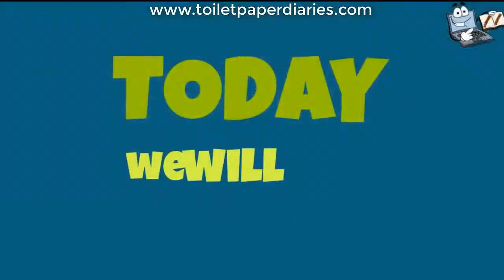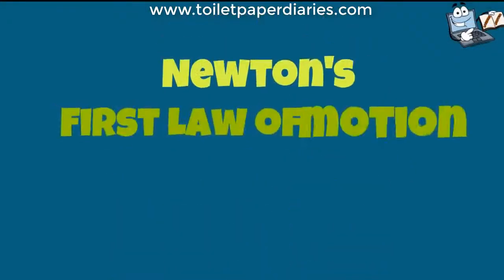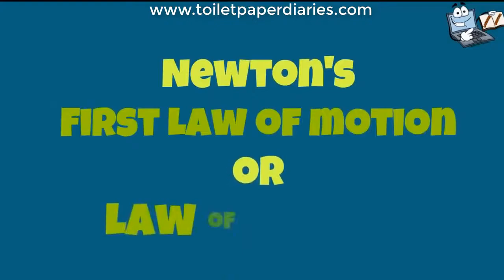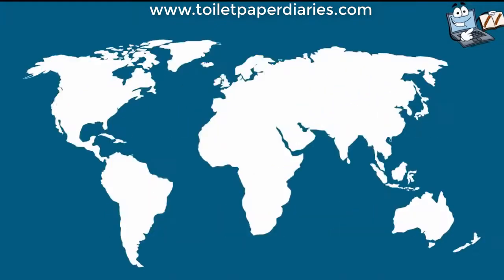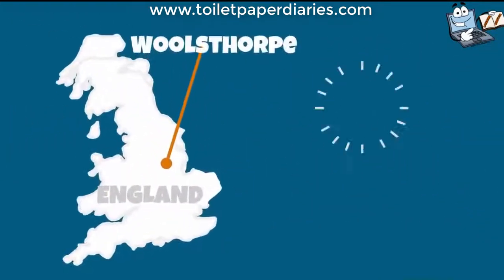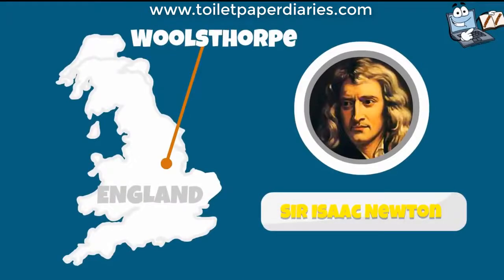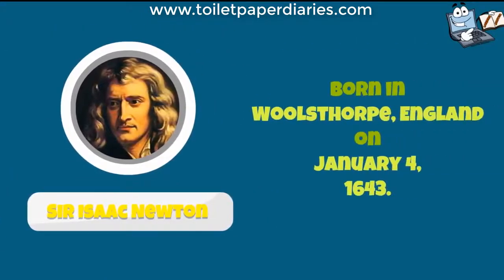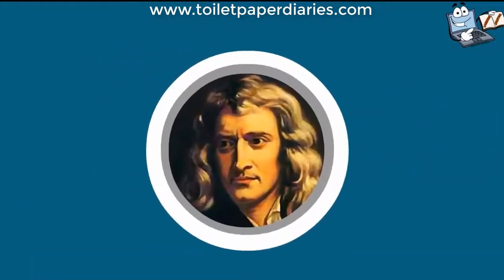Today, we will learn about Newton's first law of motion, or law of inertia. There was this fellow in England named Sir Isaac Newton, born in Woolsthorpe, England, on January 4, 1643. This extremely talented guy doesn't need any introduction.